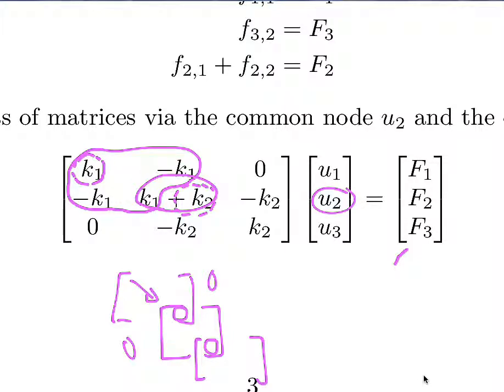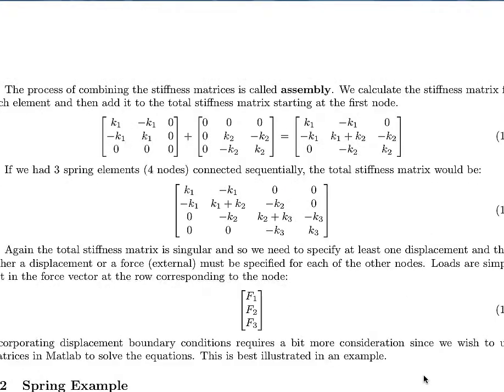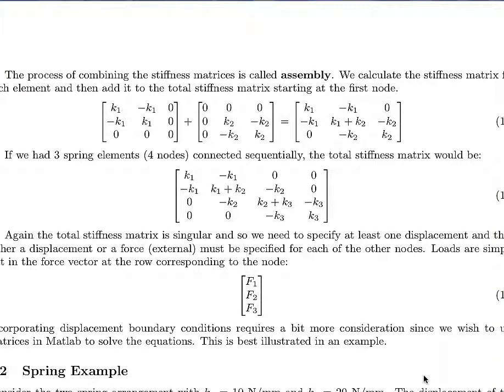Otherwise, the two matrices are almost identical, except the first one has K1, and the second one has K2, as you can see here. That's the structure that will be useful when we come to the MATLAB program, as we will see in a little bit. Basically, that's the way we form it.